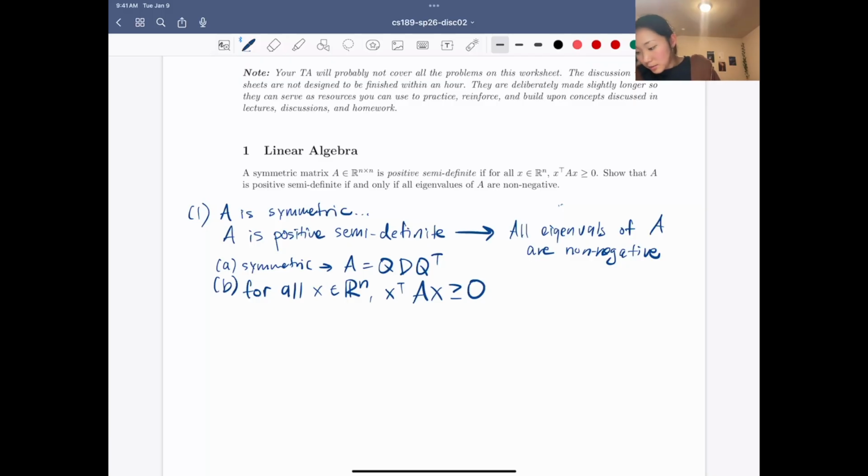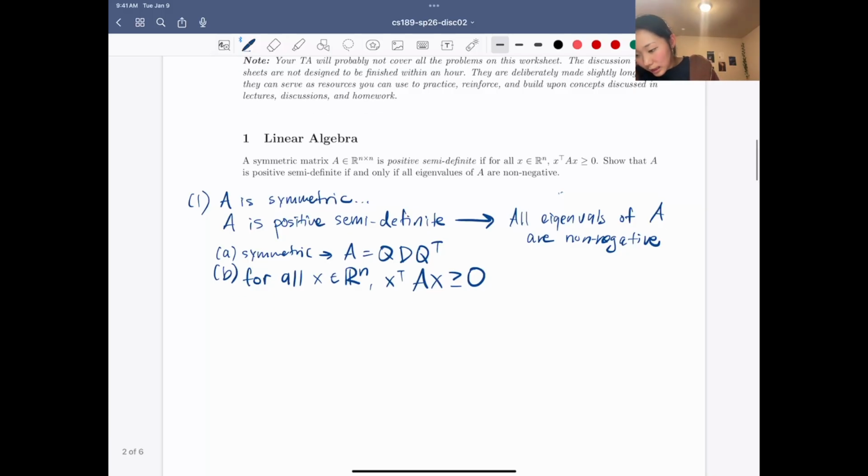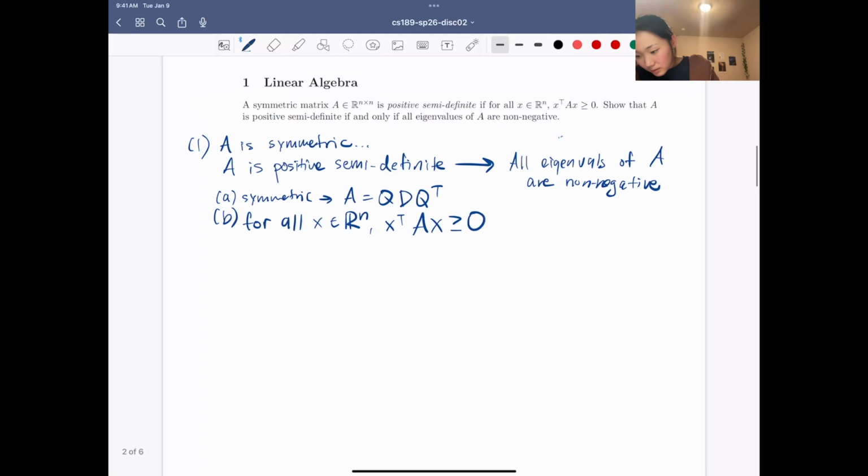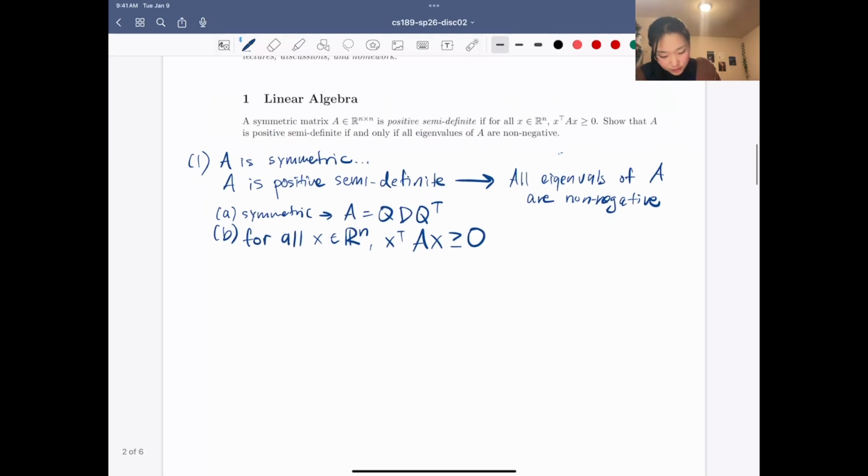And so how do we do that? Well, let us see. We can start off with some equation that we have here. We know that x transpose A x is greater than or equal to 0 because that's given to us as part of what a positive semi-definite matrix is.